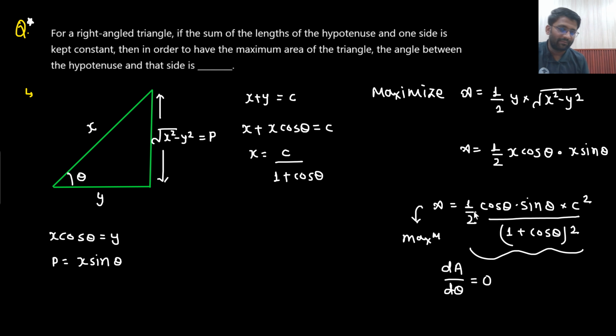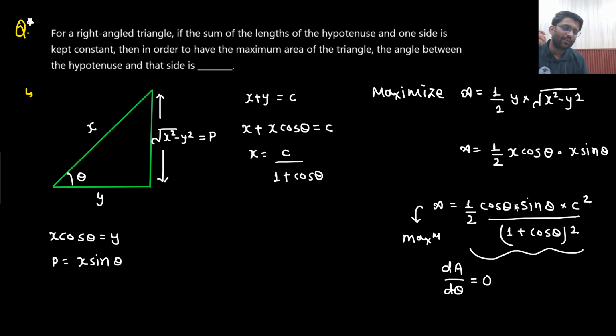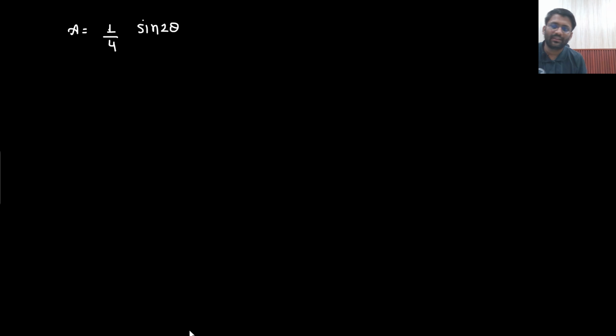Right now, what is our A? What I can do is multiply with 2 and divide by 2. So this will become 1 by 4. So my area is nothing but 1 by 4 sin 2 theta. This will become sin 2 theta, no? 2 sin theta cos theta is sin 2 theta, and c square is here.